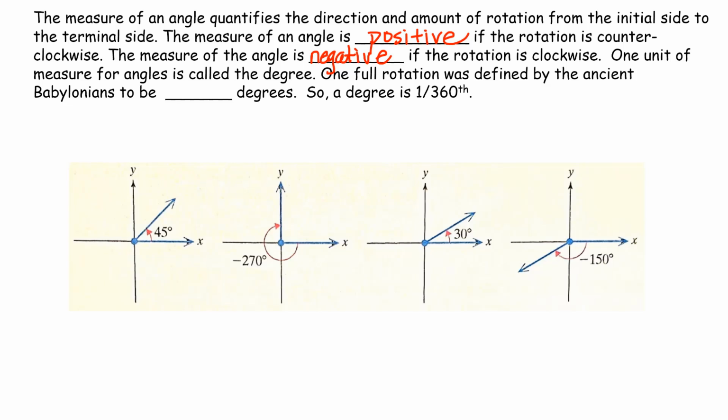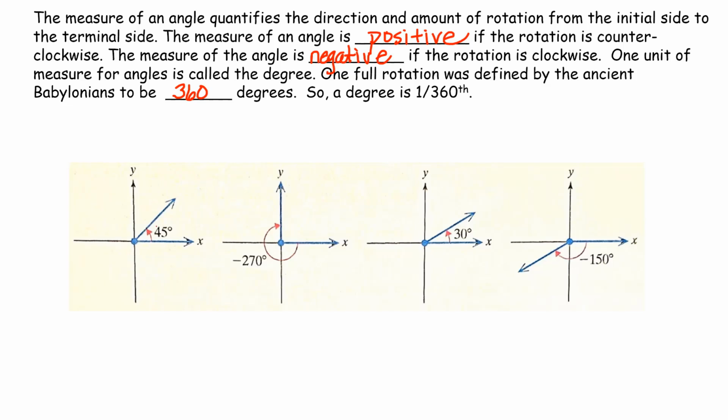One unit of measure for angles is called the degree. One full rotation is 360 degrees. That was defined by the ancient Babylonians. So 360 degrees is one full rotation. So a degree is just 1/360th of a full rotation.